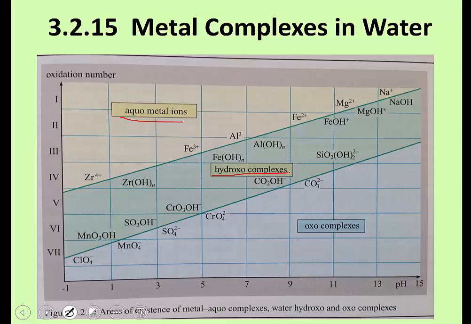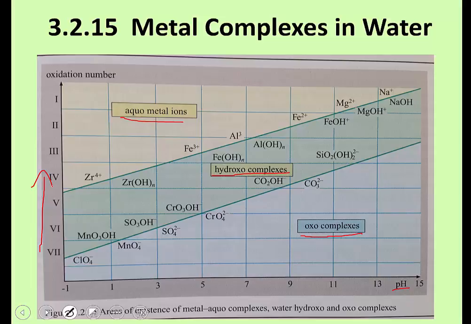Notice these are all hydroxo, they're all combined with hydroxide in this range, or if you have oxidated ions, so oxo complexes down here. Again, it's dependent upon pH, and in this case also the oxidation state of the metal. So the oxidation state will determine whether or not you can put it into a system or not.